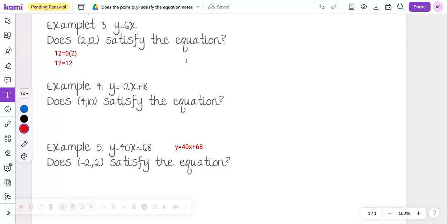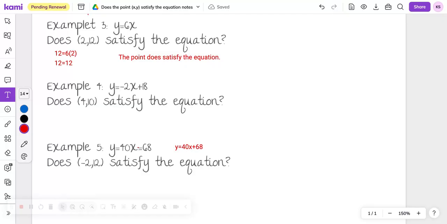So it works. 12 is equal to 12. So we would say the point does satisfy the equation. So if we looked at a graph of this line, we could go to point 2, go over to the right 2 and up 12, and we would see that point on that graph.